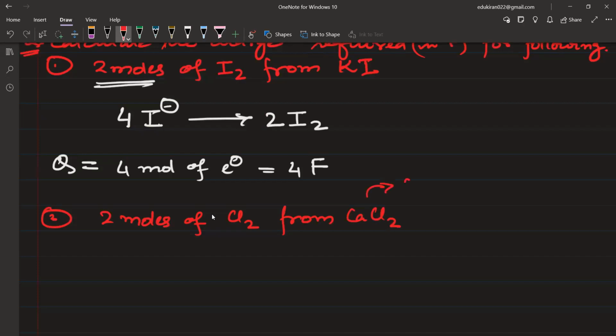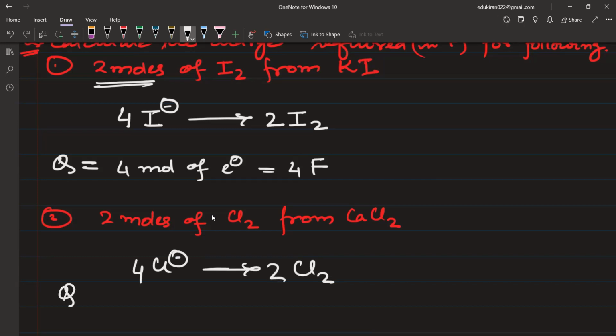Your 2 chlorines will be available in the form of Cl negative only. There will not be a bond between the 2 chlorines like this. So you don't have to worry when you are having ionic molecules. Here also same thing. Cl negative is going to give me Cl2, and I need 2 moles of Cl2. So I need 4 moles of chlorine negative. That means the charge required is equal to 4 mole of electron, which will be equal to 4 Faraday.